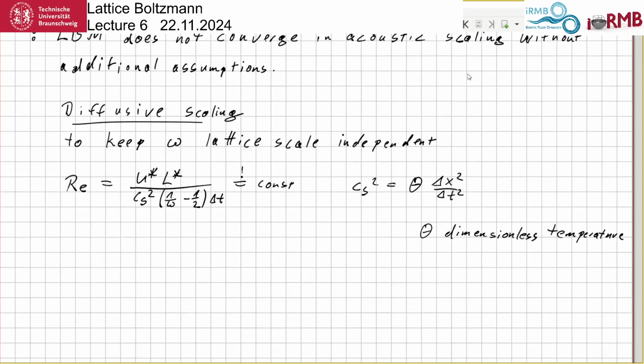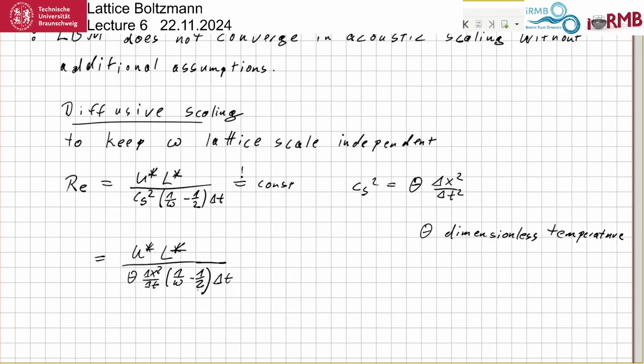So we can plug this into the Reynolds number, U star L star. Now we say that here is theta, delta x square by delta t, and here we have 1 over omega minus 1/2, which we want to keep constant, and multiply this by delta t.